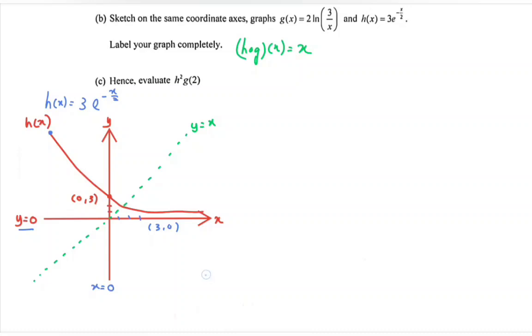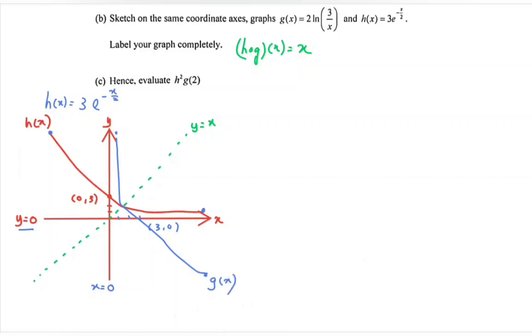As for this part, we have positive x and also positive y, so the graph would be around here. So the graph will be something like this. So that is the graph for g(x).